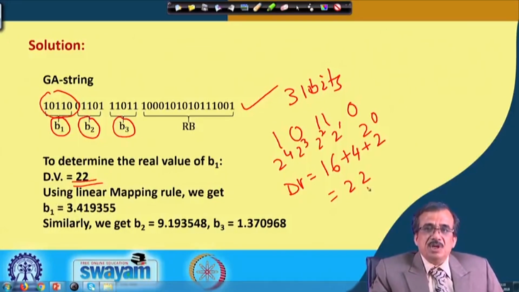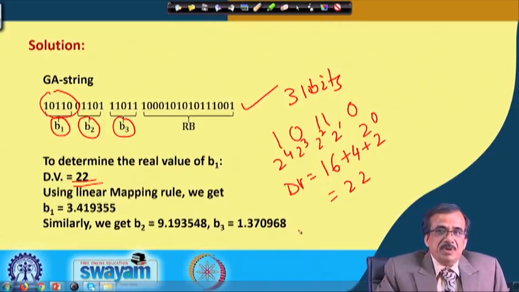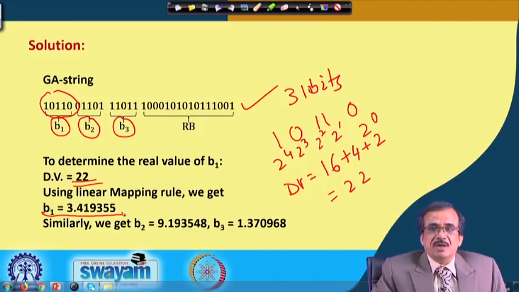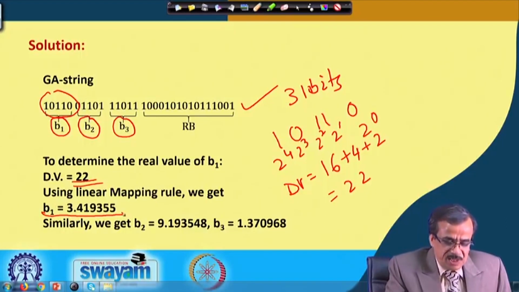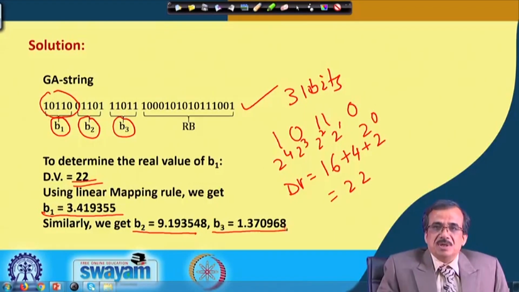Once you have got the decoded value, we will have to use the linear mapping rule, which I have already discussed. Using that linear mapping rule, I can find out the real value for B1, the first design variable. Following a similar procedure, I can also find B2 and B3.